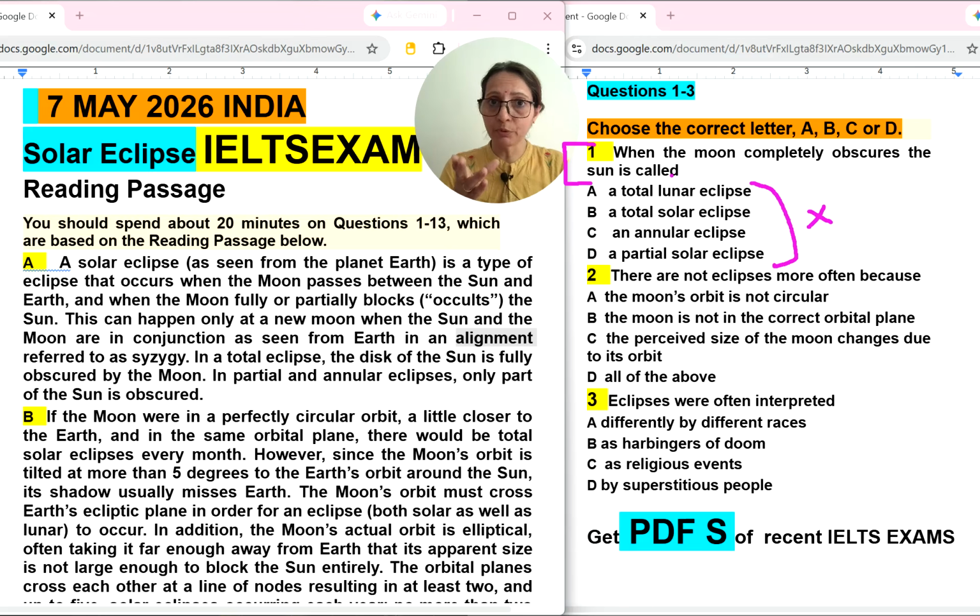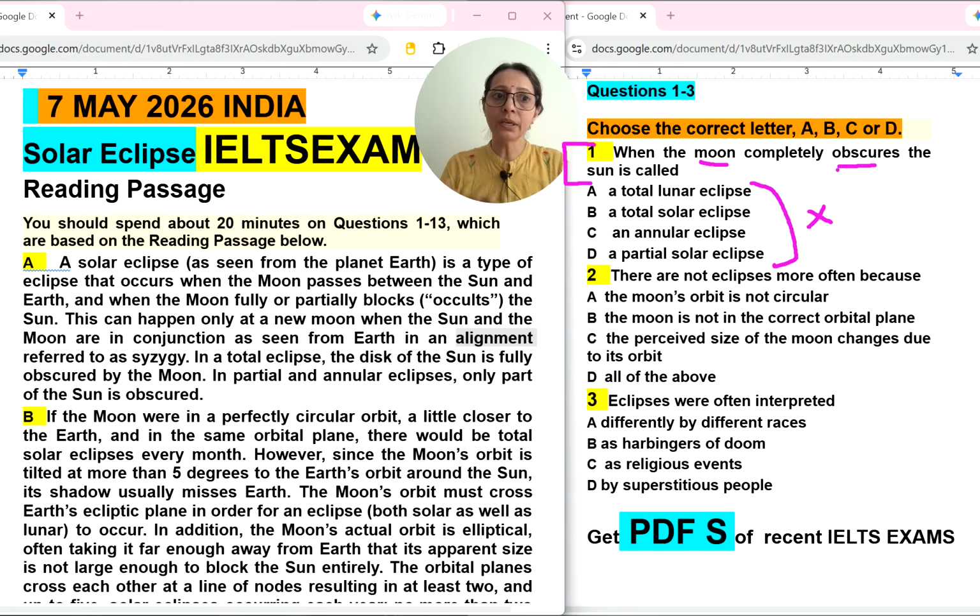This is the first type of question. Of course, we will get the location of the first question in the first or second paragraph. When the moon completely obscures the sun, it is called what? If you do not know the meaning of obscures, no need to take tension. We will try to find this word.